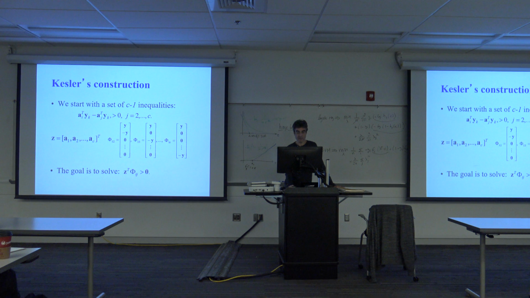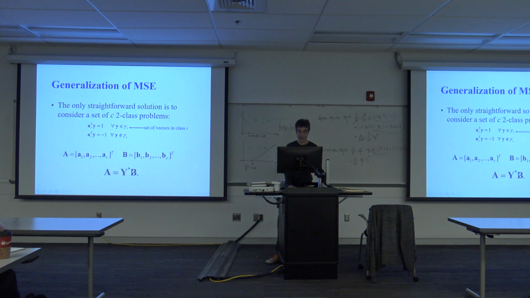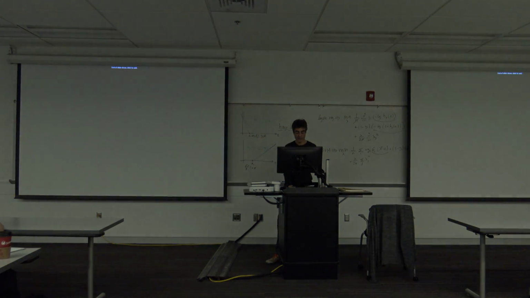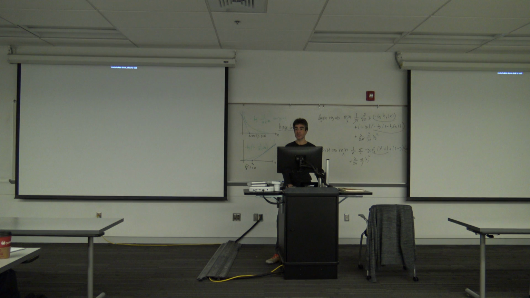It's called the Kesler's construction, and it's just a way to define what we just said. This is y plus and y minus for the class 1 and class 2. In that case, it would be class 1 and class 3, class 1 and class C, and so on, right? So you construct a set of classifiers, and now you want all of them to be larger than 0. So it leads to a solution depending on what you use, but with the mean square error, it leads to a solution that's given by the pseudo-inverse. No surprises. And that's it for linear classifiers.